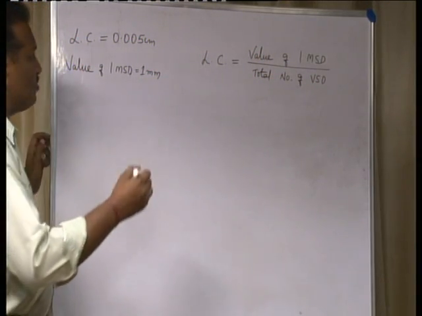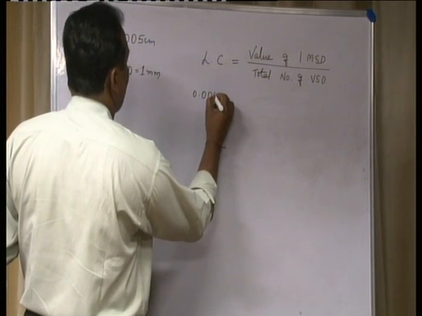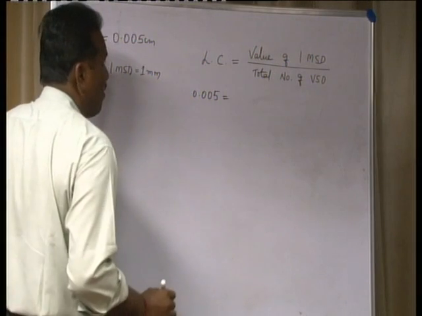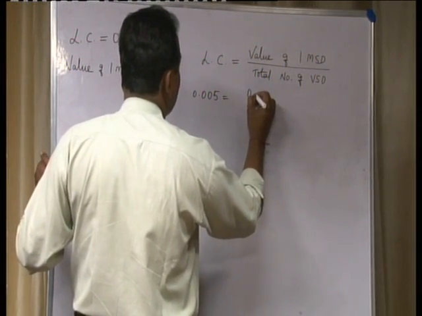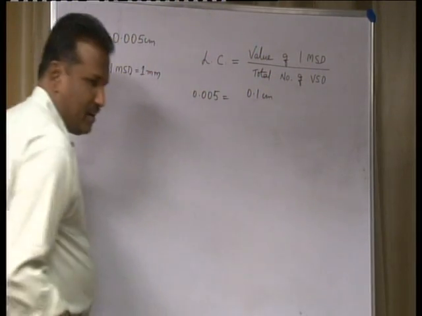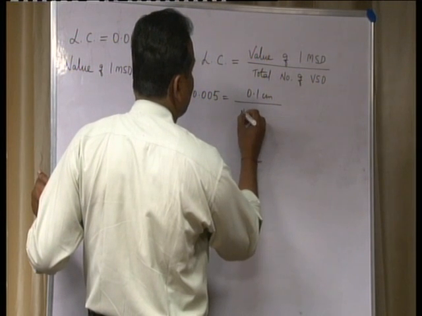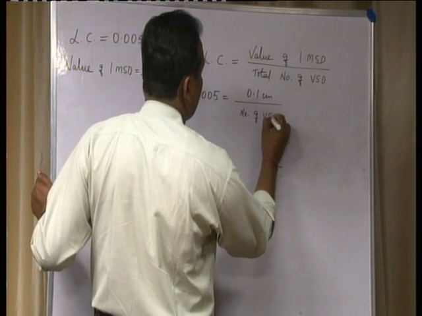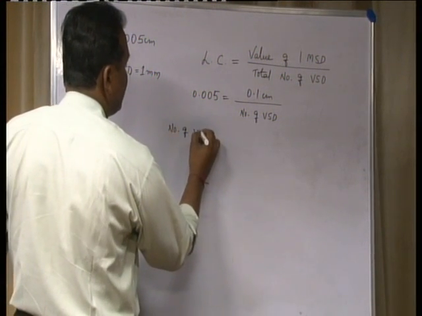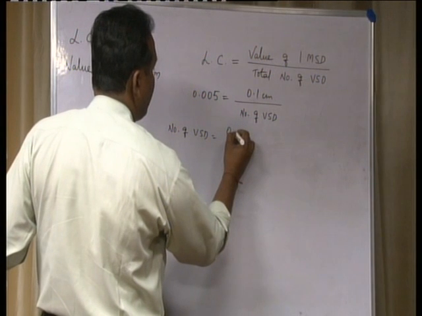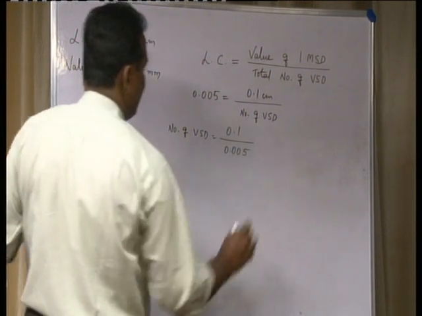Substitute the given data. Least count is again 0.005 centimeter, value of 1 MSD is 1 mm, or you can rewrite this as 0.1 centimeter, divided by the total number of VSD. So, number of VSD, cross multiplying, is 0.1 divided by 0.005 centimeter.